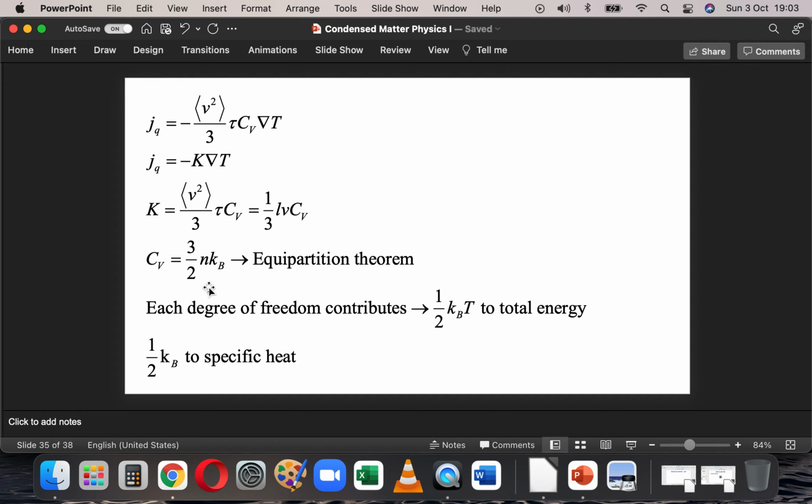Now what happened was a very happy accident. The classical expression for the electronic specific heat. So we have electrons, which are the guys conducting heat here. So the specific heat is basically the electronic specific heat. The electronic specific heat computed classically is 100 times higher than the experimentally observed value.